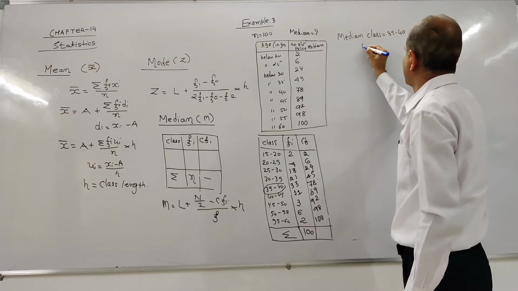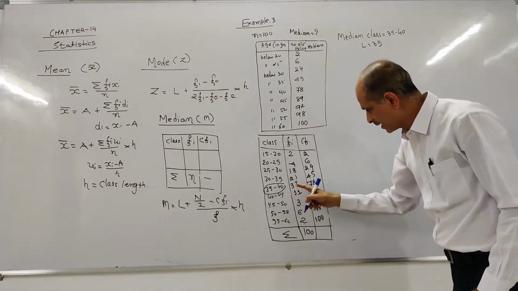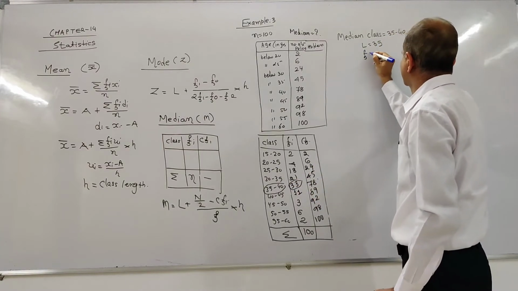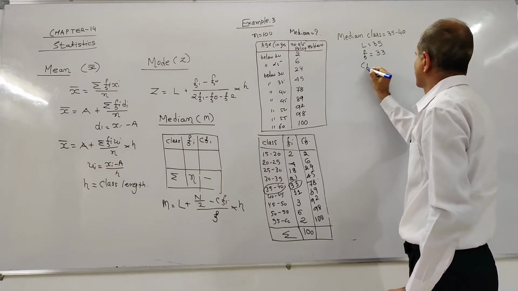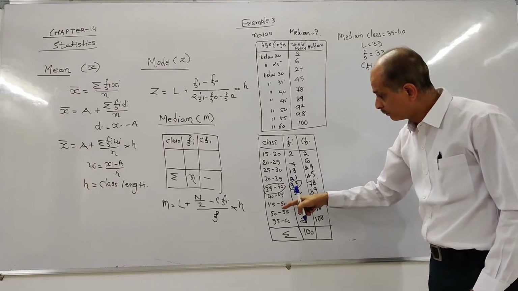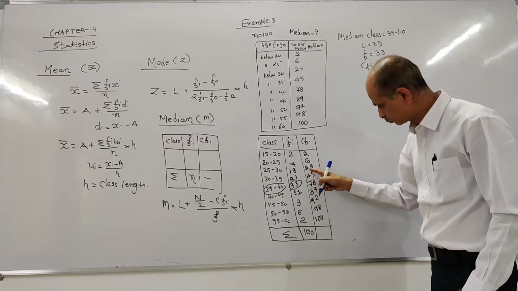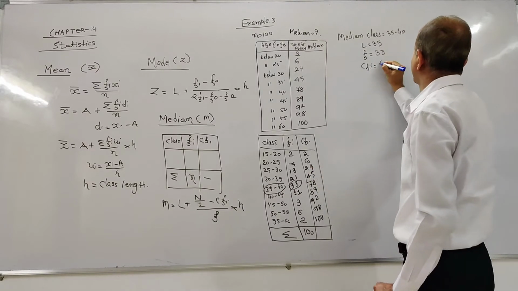So L is equal to 35. The frequency against this, that is known as F. So in this example, the value of F is equal to 33, and the cumulative frequency of the class previous to the median class, that is known as CFI, and that is 45.